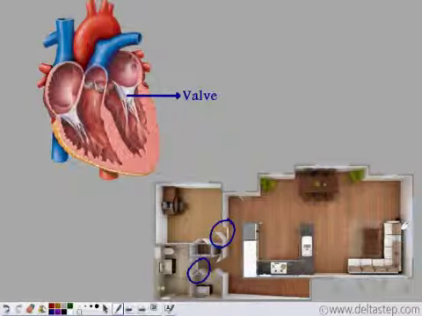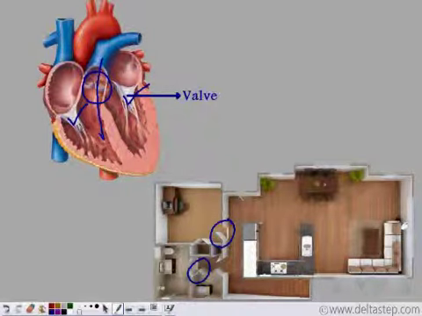Now notice these valves that are present between the atria and the ventricles prevent the backflow of blood from the ventricles to the atria. Next, when the ventricles pump blood to these vessels, these valves prevent the backflow of blood from these outgoing arteries back to the ventricles.